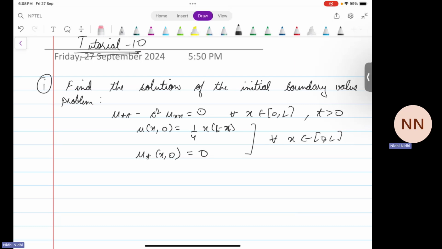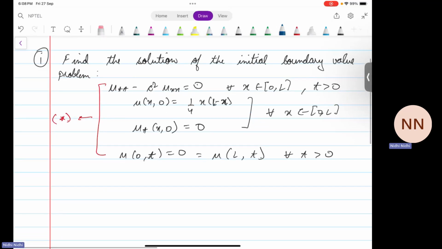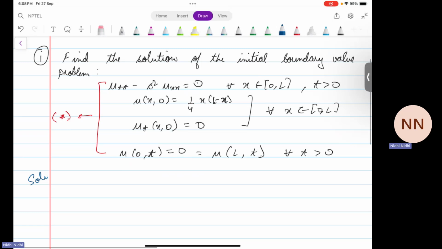Then we have u(0,t) is equal to 0 is equal to u(L,t). That means the string is fixed at both ends for all t positive. Let's mark this as star. So we will be solving it using the separation of variables method.